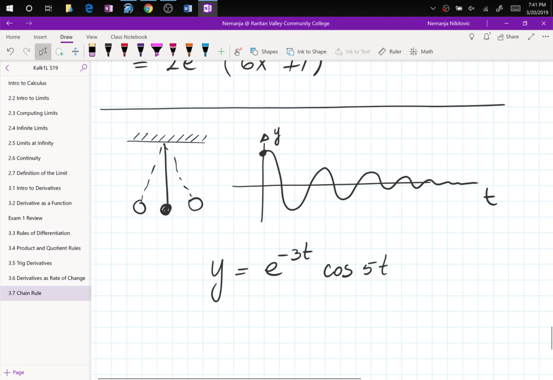So if you ask me what's happening in 1 second or after 3 seconds, all I need to do is plug 1 or 3 for the t, and I will have where the object is in space in comparison to the original position. So just by simply plugging in a time of your interest, you will know, right? And if the time is sufficiently large, obviously the answer will be approaching 0, which means the object is standing still, right? It's not oscillating anymore.